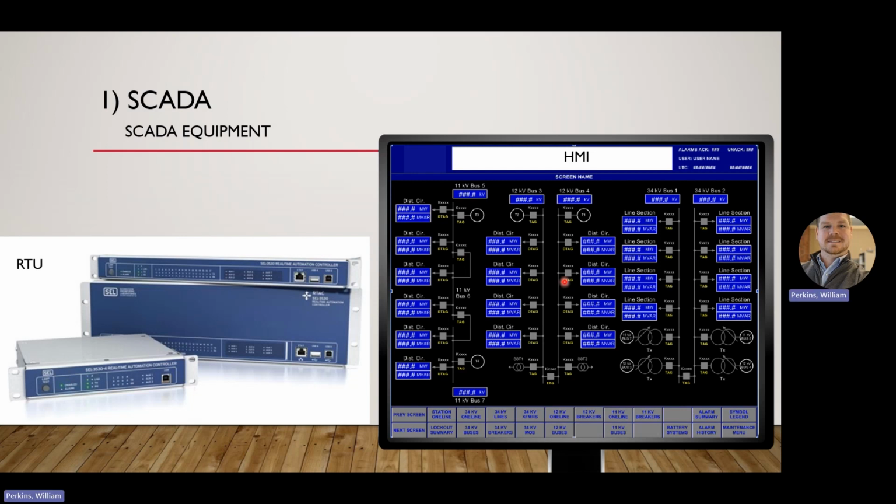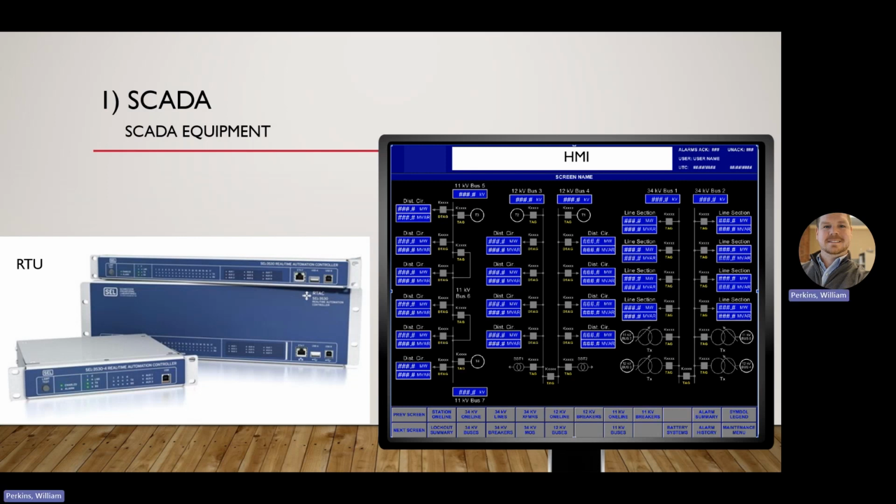This is typically an on-site screen that's used by operators where it displays all of the information about the substation. And you can have HMIs that are very detailed where every single bit of information is displayed, or HMIs that only show minimal but specific information.